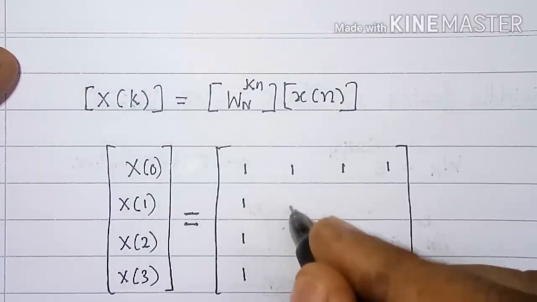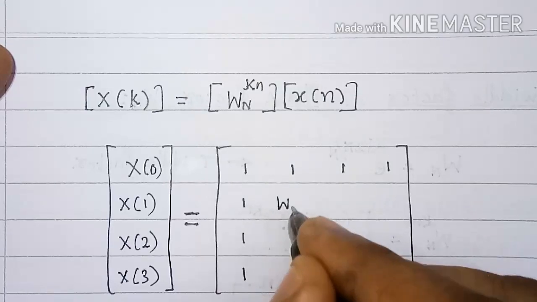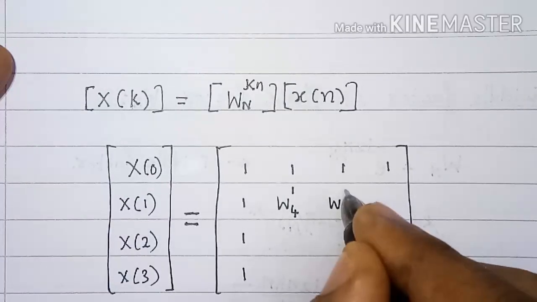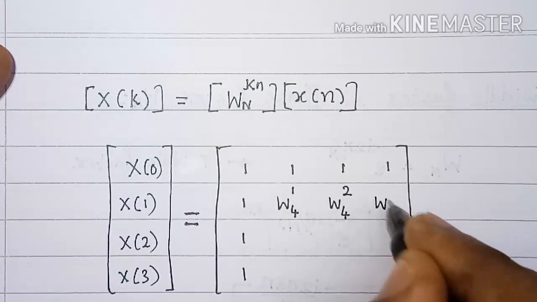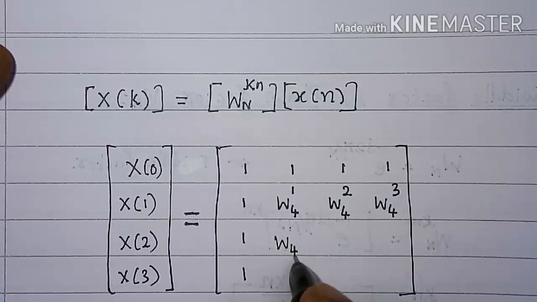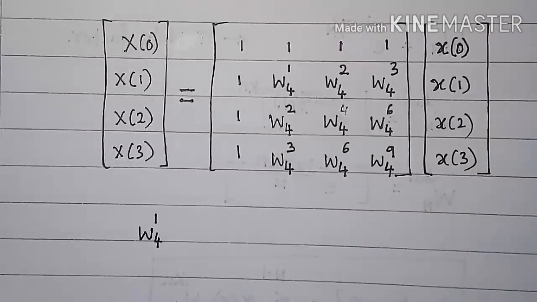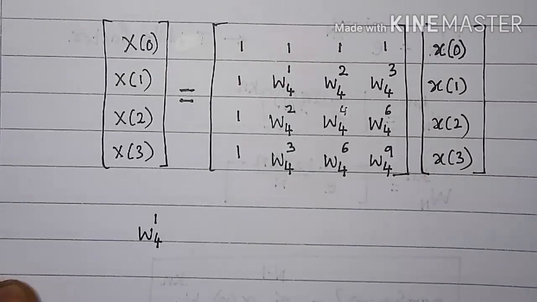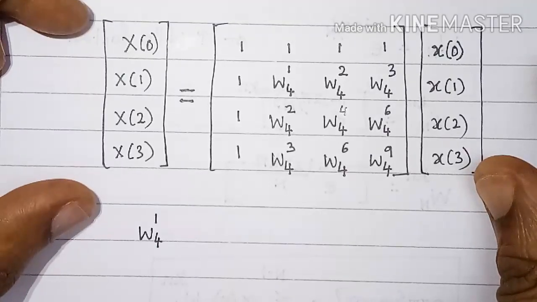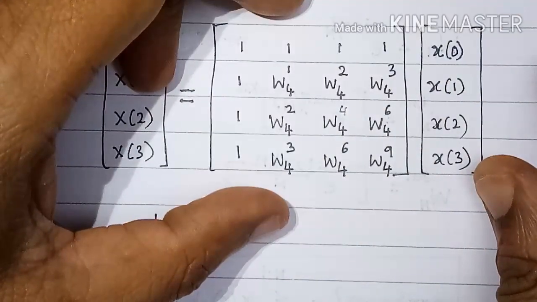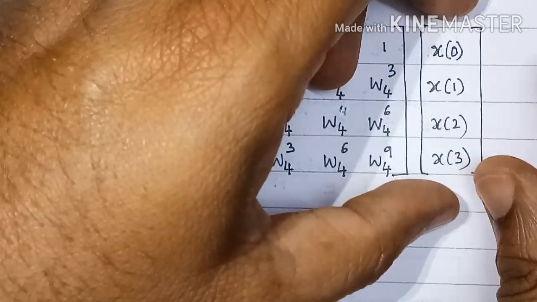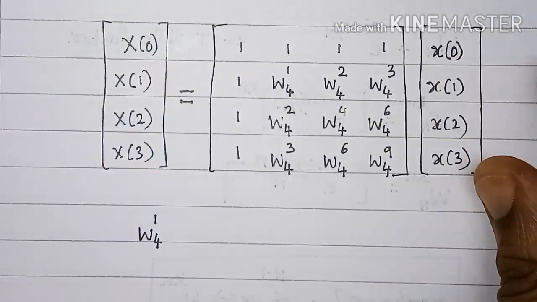Next we have W4 raised to 1, W4 raised to 2, W4 raised to 3, W4 raised to 2. In this way we can represent x of k, Wn raised to kn and x of n matrices.